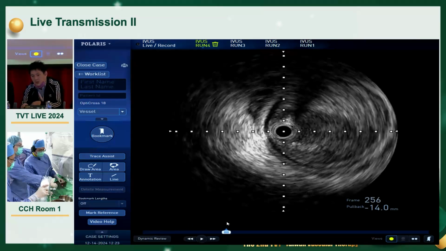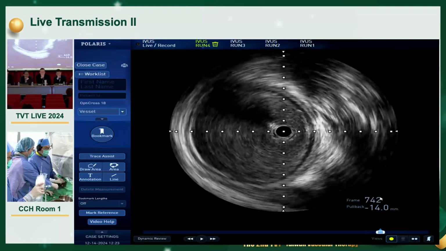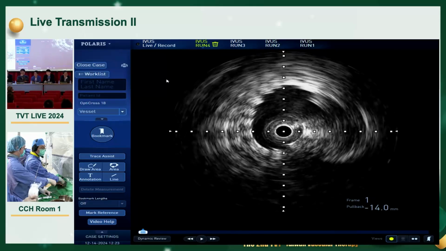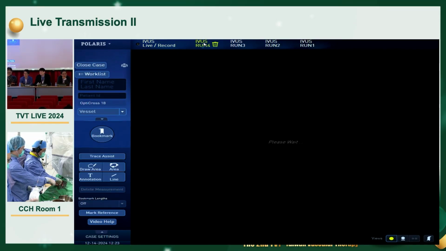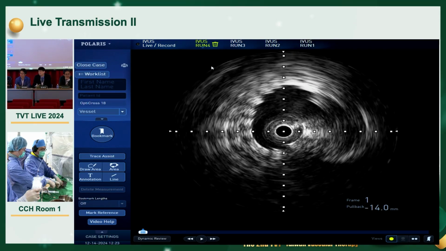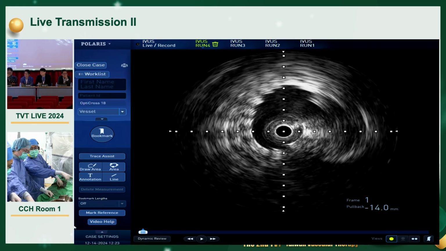Give you the IVUS. This is IVUS again from the stent to the proximal femoral and ostium. Run.